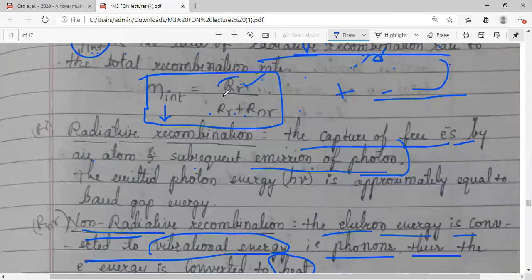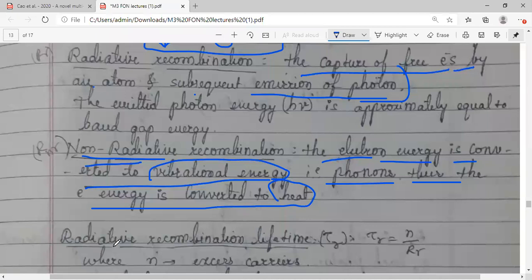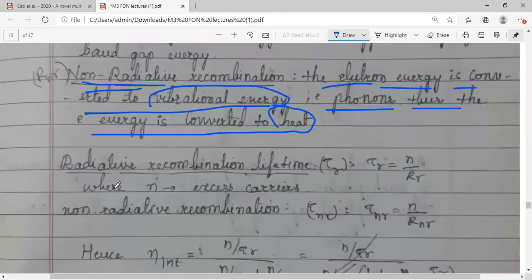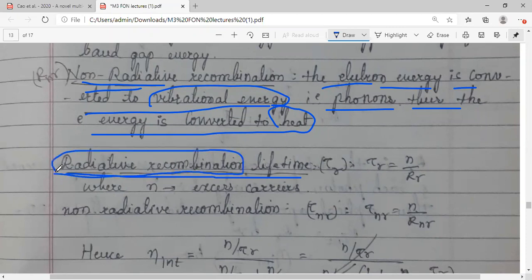Now I can further express these terms in terms of lifetime. We have one more new term here, the radiative recombination lifetime: till how much time your radiative recombination will take place. That is the lifetime, denoted as tau R. It is given by the number of carriers present divided by the recombination rate.